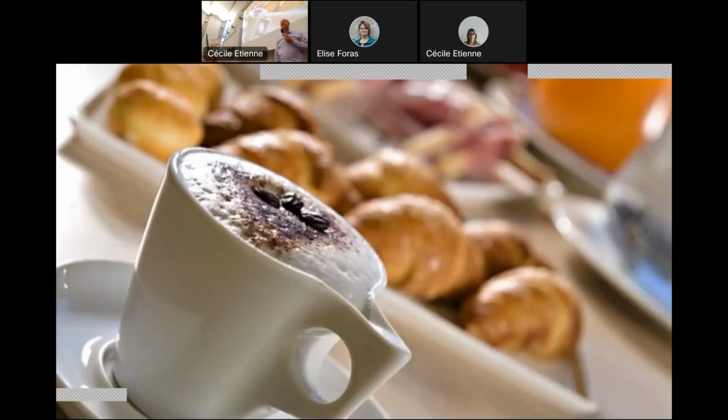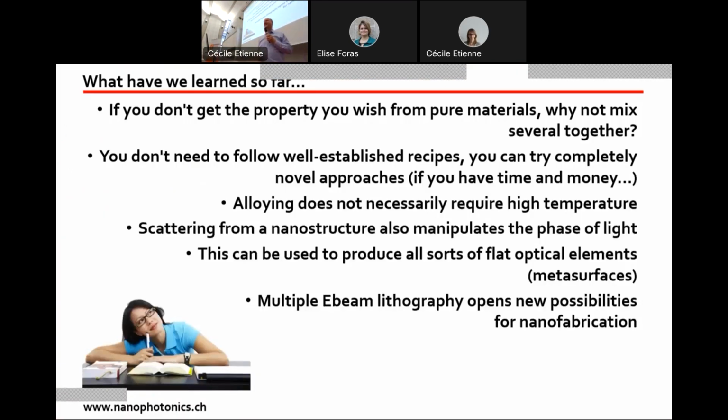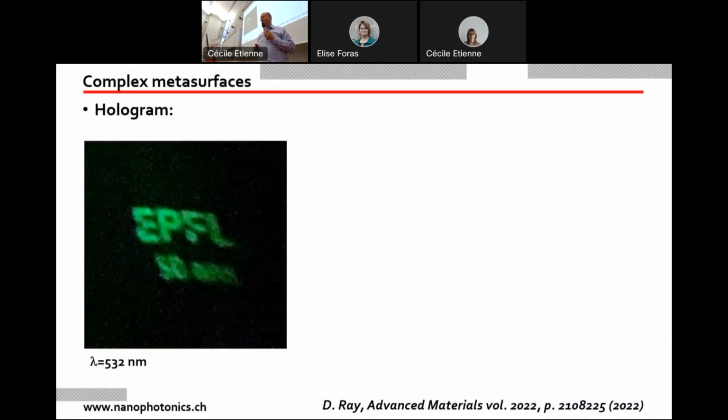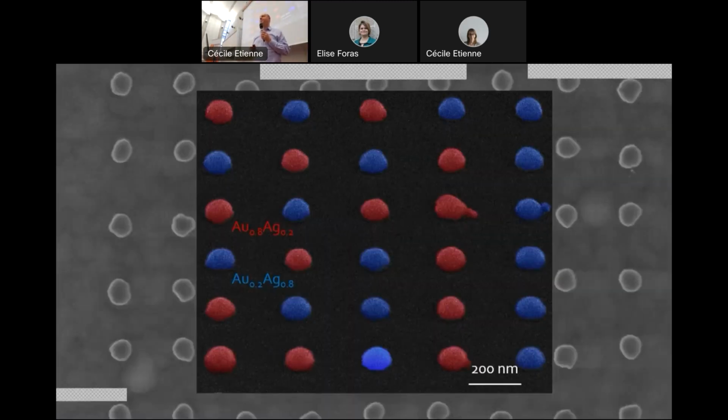Okay, you have a question, please. About the application in holography. You mentioned that sometimes you have some shift of the position. Yes. How does it affect? What's the spatial resolution that you need in order to control properly the phase over the surface?